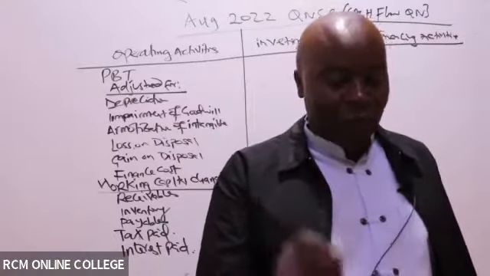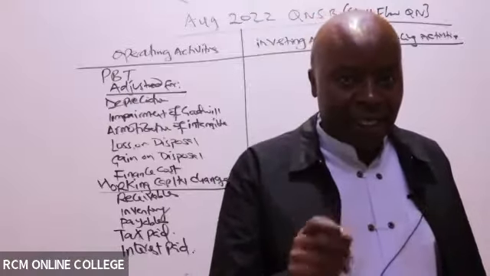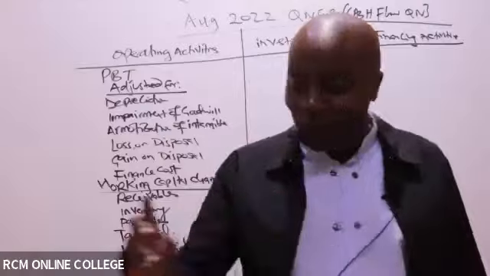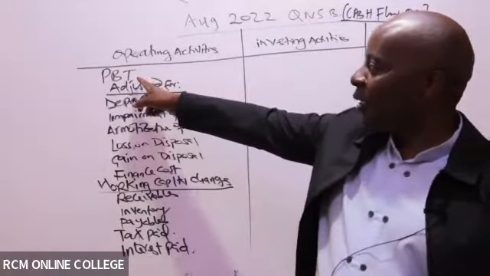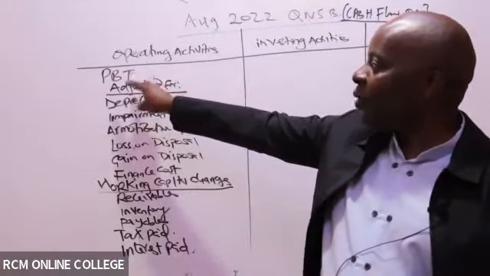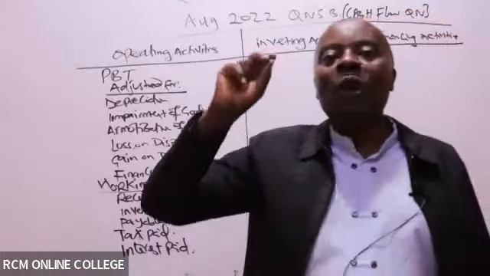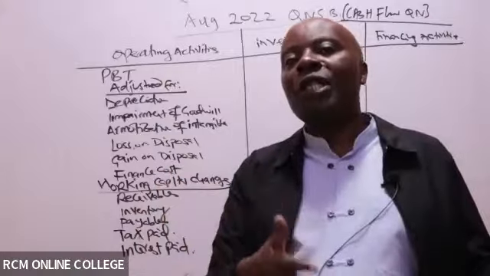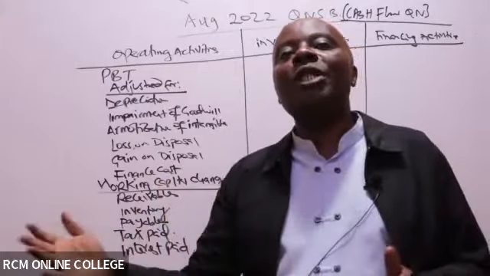In that one, I will underline profit before tax of the discontinued operations. That is very, very important because I'll be beginning with profit before tax. And remember, profit before tax for our case here will be for the whole group, both continuing and discontinued.